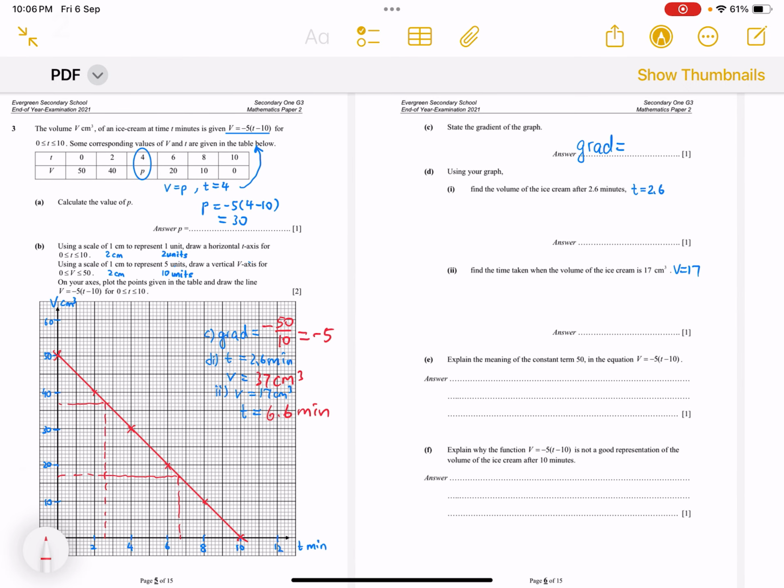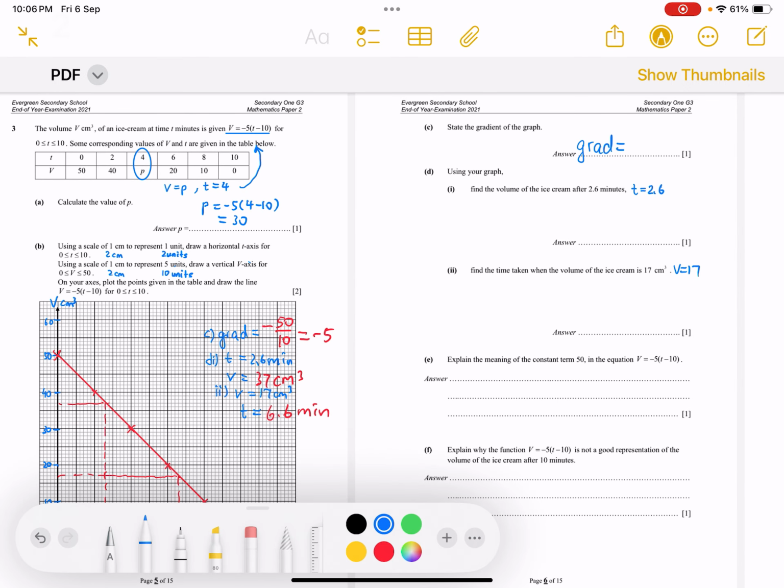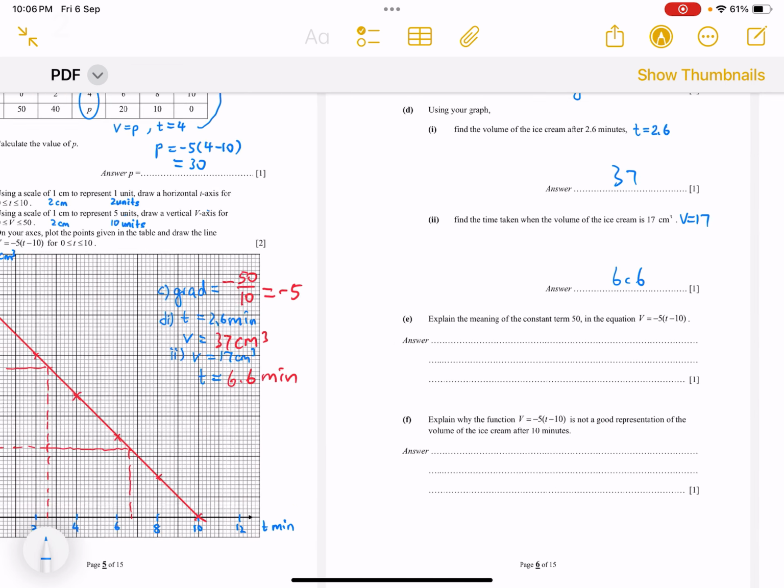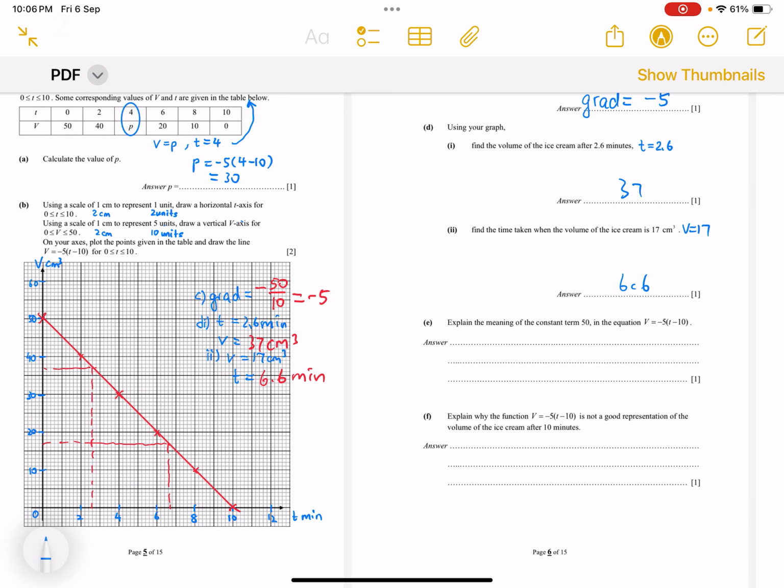Okay, so gradient is -5, this is 37, and this is 6.6.